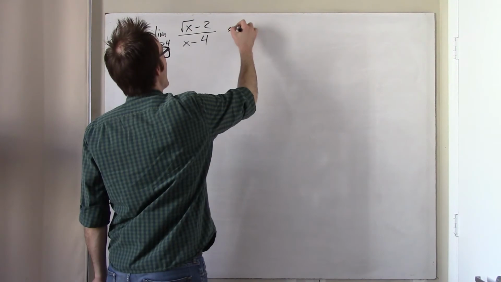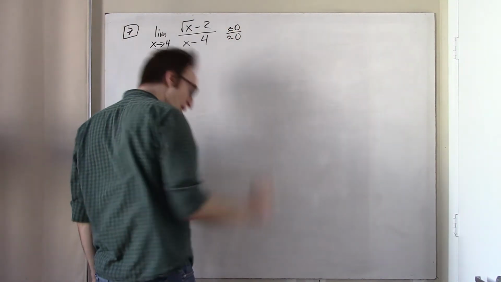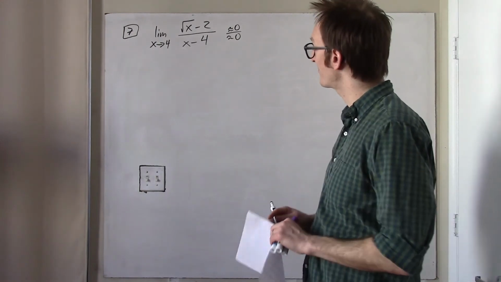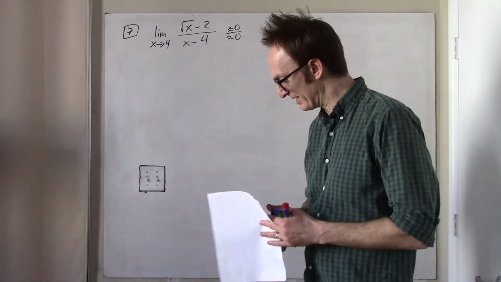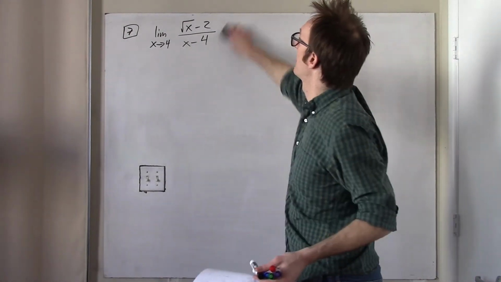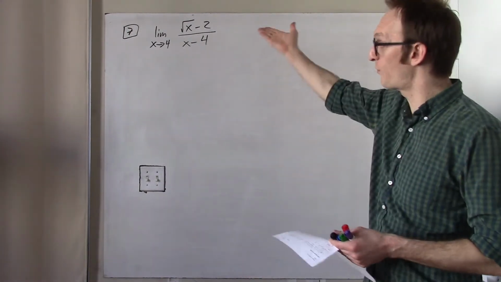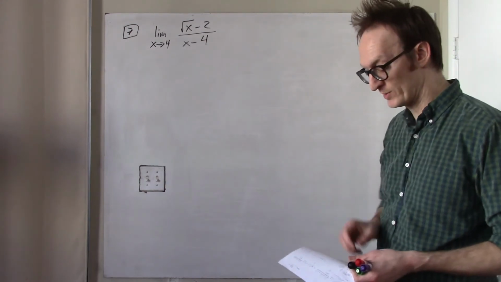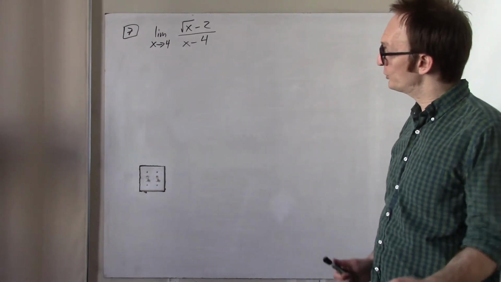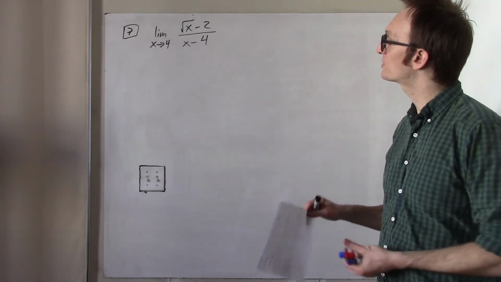So this is again a 0 over 0 situation, and so again, I'm going to have to do some work to get the answer. I can't just guess because the form that it is in leaves me unable to make any conclusions. So let's see, what could we do?